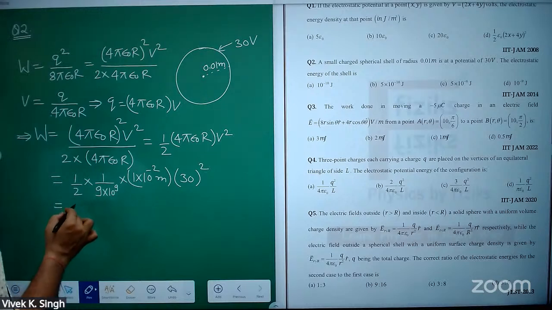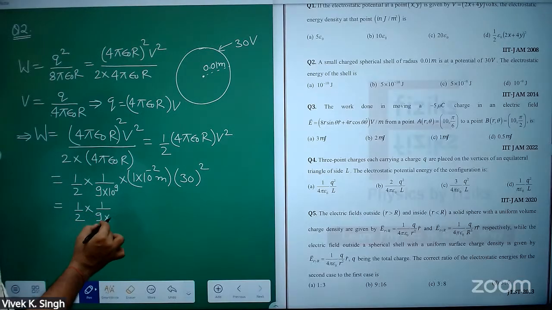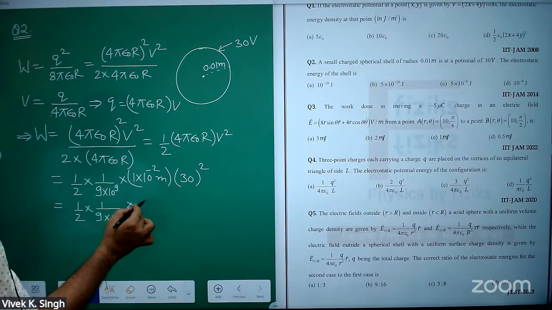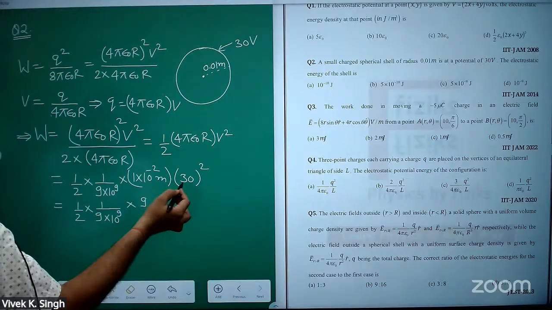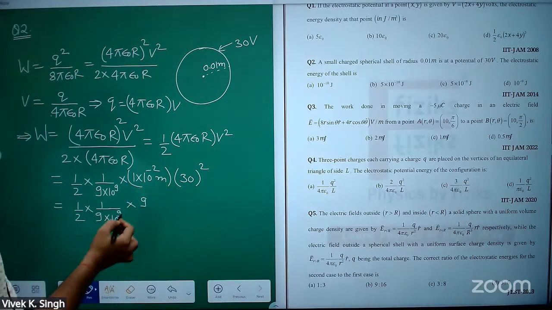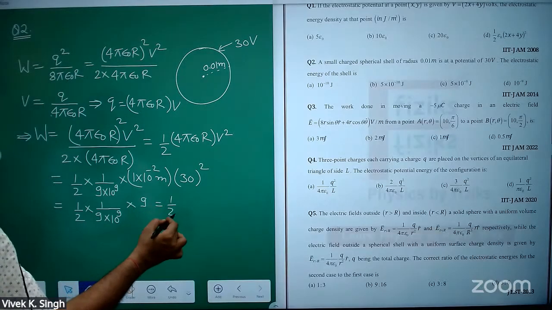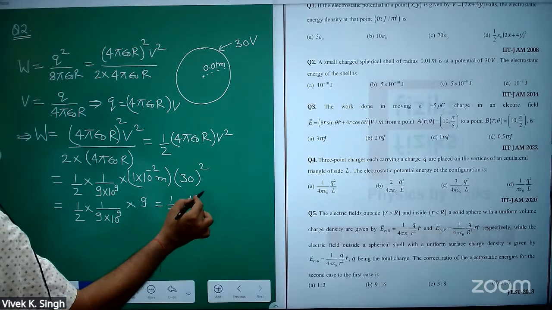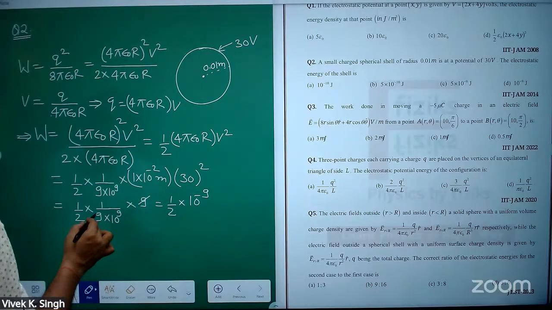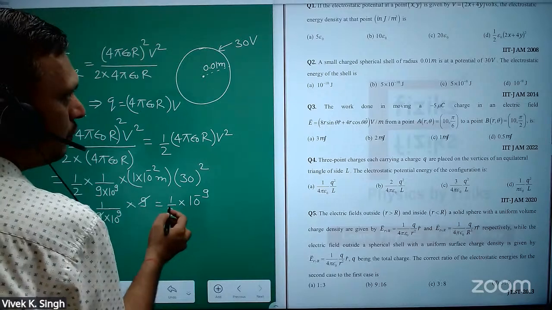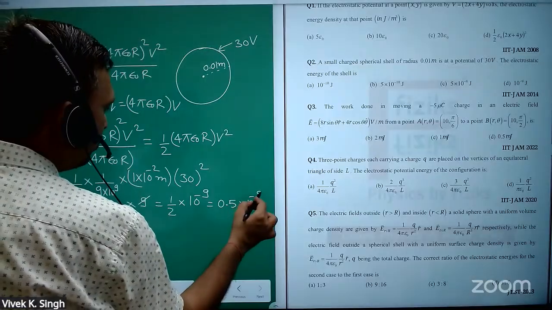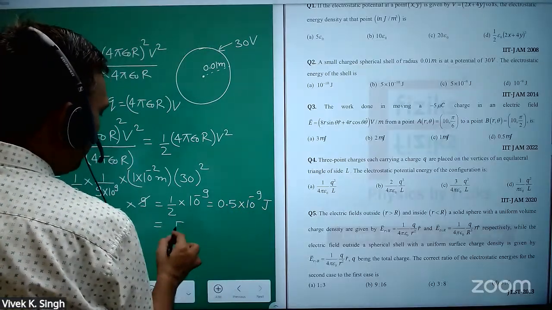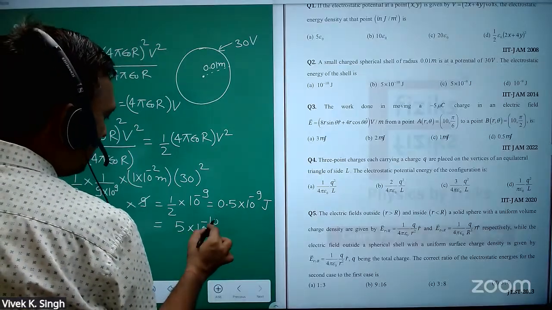So this value will be 1 by 9 into 10 to power 9, this is 900 into 10 to power minus 2. So 9 and 00, this will cancel out. Now this will give you 1 by 2 into 10 to power minus 9, because this 9 will cancel out. And you will get 0.5 into 10 to power minus 9 joules, or this will be 5 into 10 to power minus 10 joules.